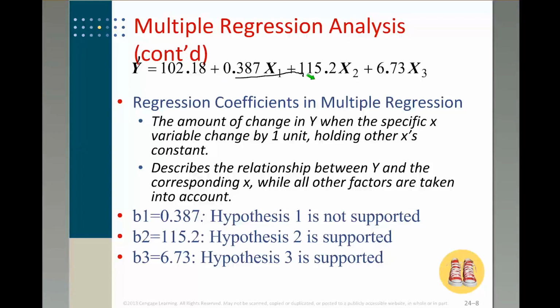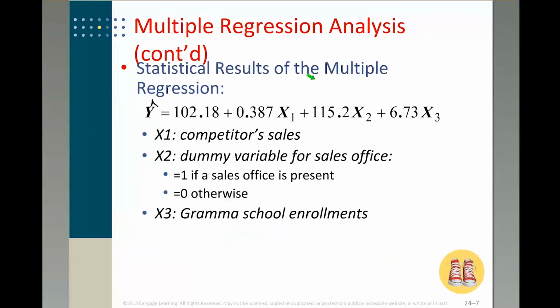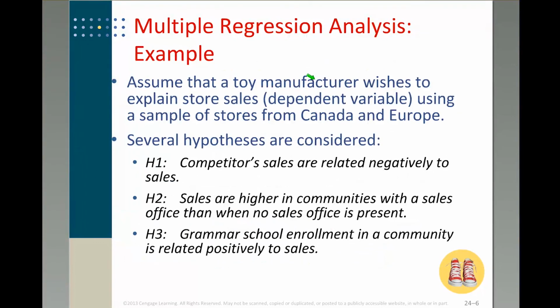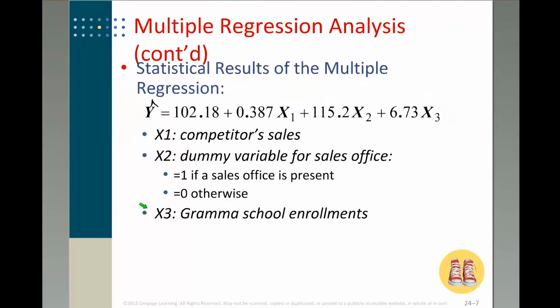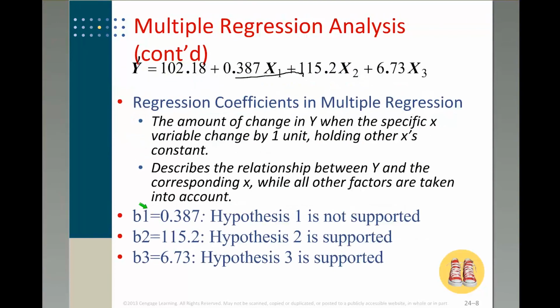The second coefficient, 115.2, is positive. That means x2 and y are positively related. Let's go back to the second hypothesis. It says sales are higher in communities with a sales office than when no sales office is present. Now, this basically tells us we expect a positive relationship between this categorical variable and our dependent variable sales, which is confirmed by the positive coefficient 115.2.